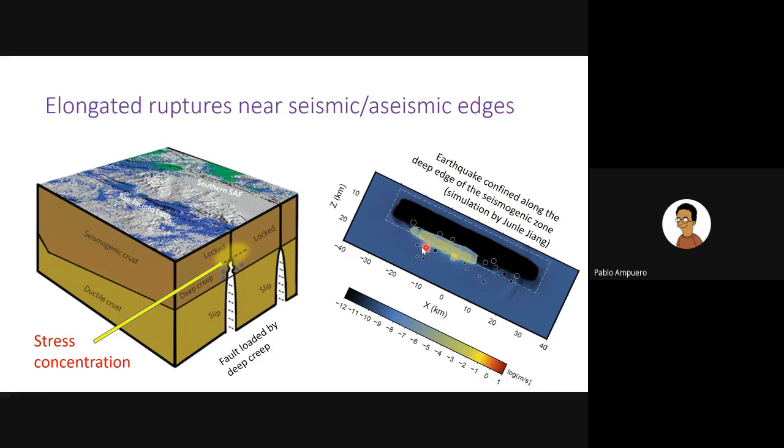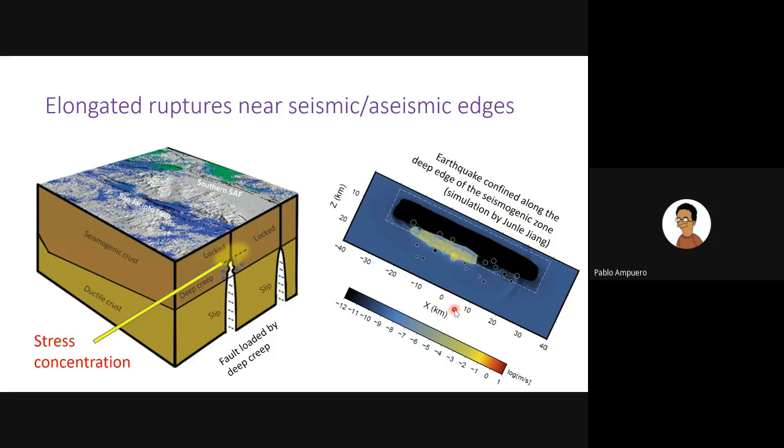And at the boundary between creep and locked areas, here an earthquake happened in this simulation. And it started near the boundary, but it couldn't propagate upwards all the way through. But it was able to propagate sideways. So it remained confined in depth, and it developed a large aspect ratio. So these things happen very naturally in the earthquake cycle simulations.